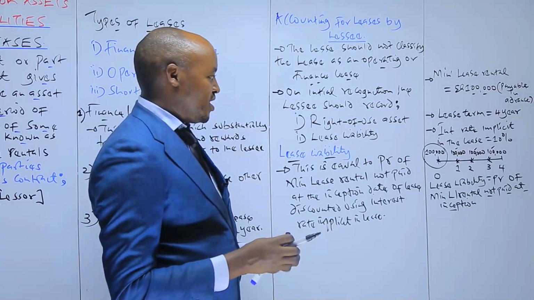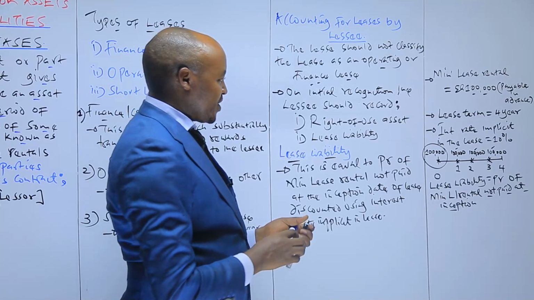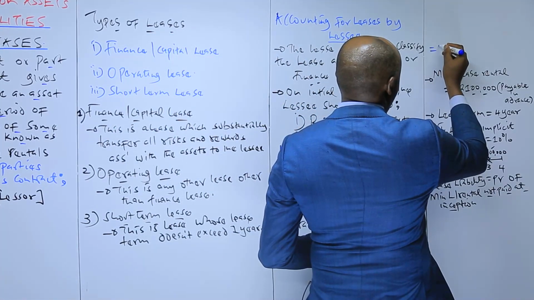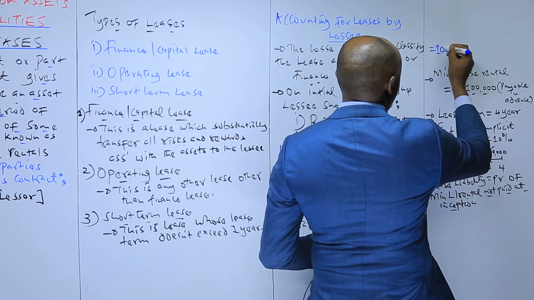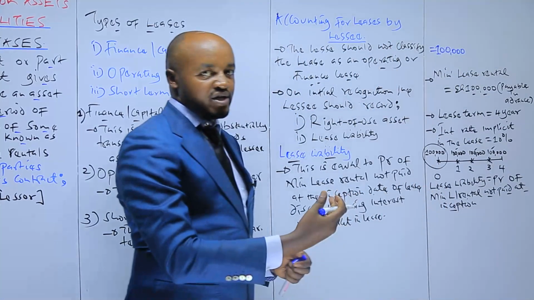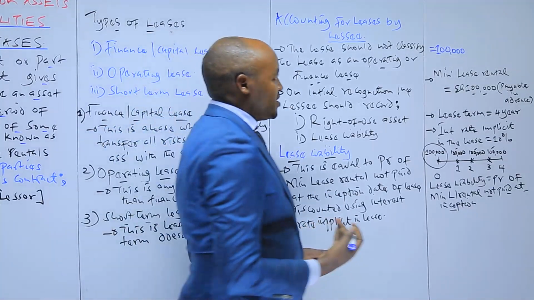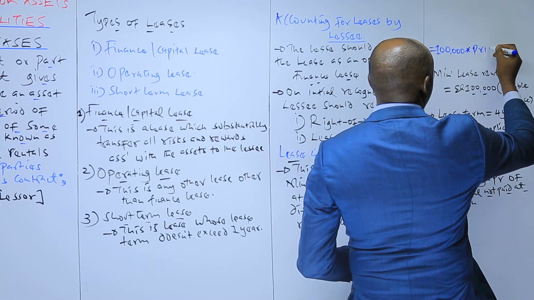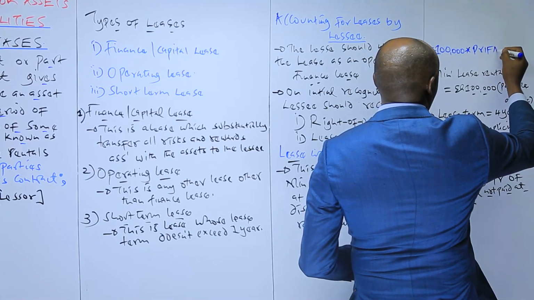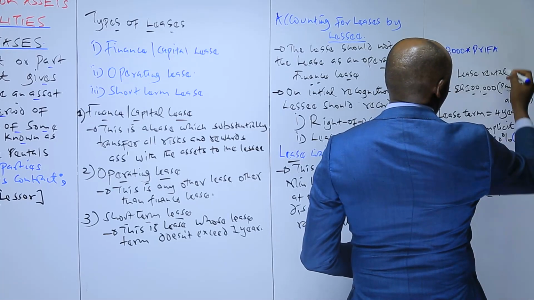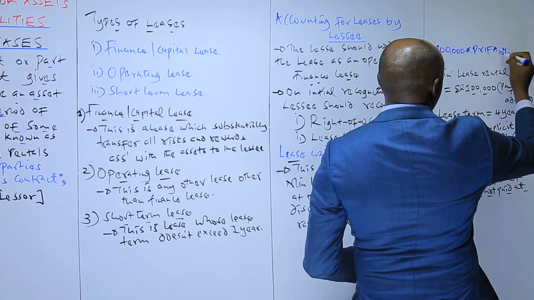So let's determine the lease liability, which will be equal to 100,000, the minimum lease rentals, and then we need to discount that. We discount this by multiplying with the present value interest factor of annuity, at the rate of 10%, which is our R.